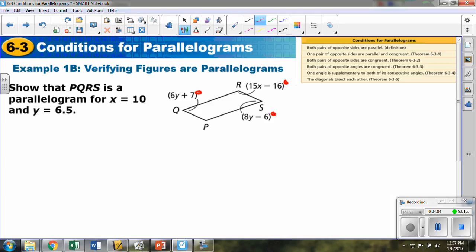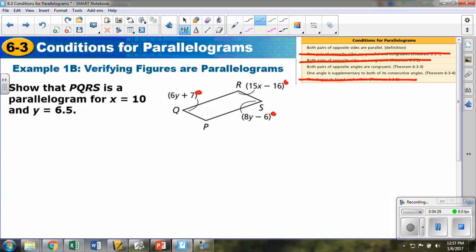If we're given angles, I'm certainly not going to do anything about having congruent sides. There are absolutely no diagonals drawn, so I'm not going to be using the diagonals one. And just by looking at the picture and seeing what type of information they're giving us, we can eliminate a lot of the strategies as ones that aren't going to work.